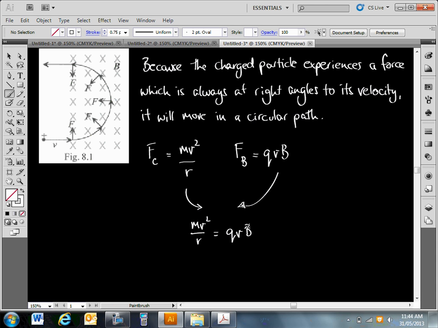So I'll move the r up here, take the qvb down there, but one of the v's goes, so we get r equals mv over qB. That gives us the radius of the circular path.